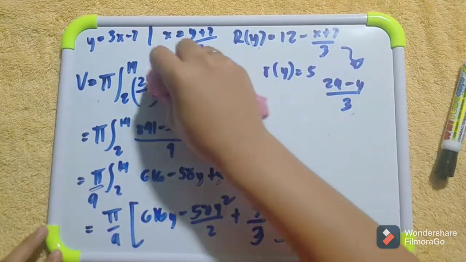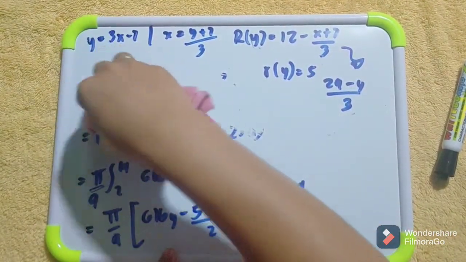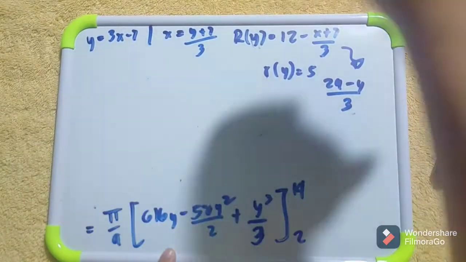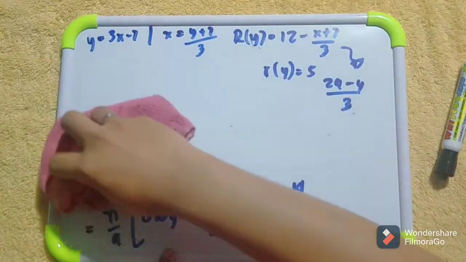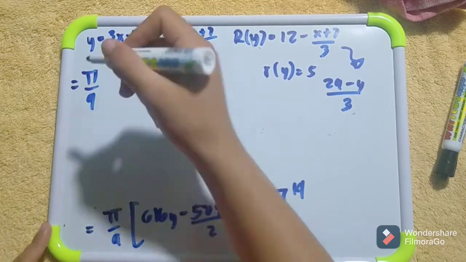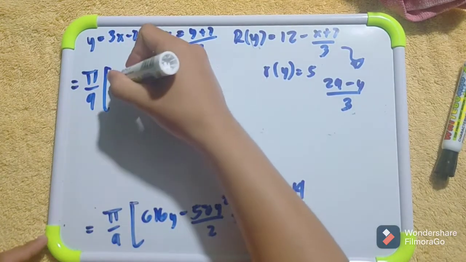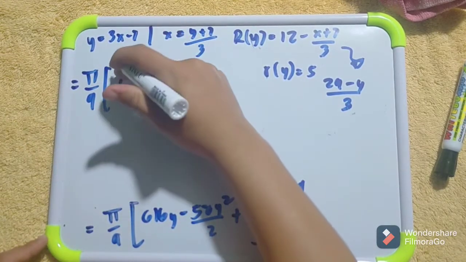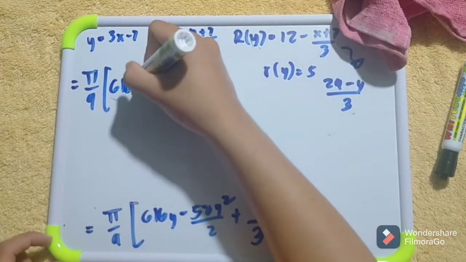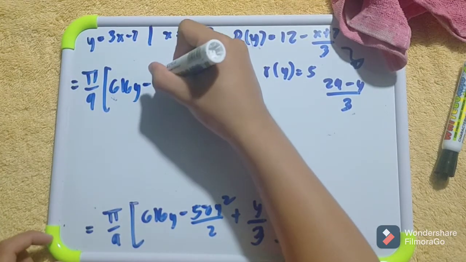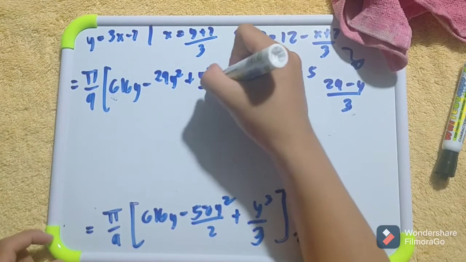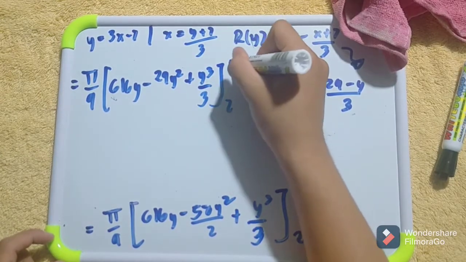Next, we simplify this and then substitute our limits, which are 2 to 14. So it becomes pi all over 9 times 616y minus 29y squared plus y cubed all over 3, from 2 to 14.